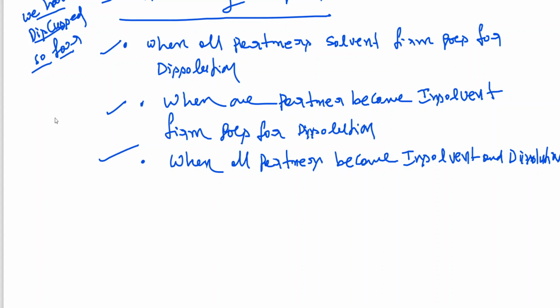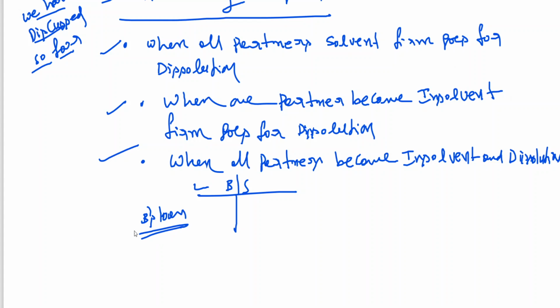Only the last point, when I was explaining the treatment in the balance sheet, treatment of partner's loan. Say here something like B's loan appearing on the liabilities side.